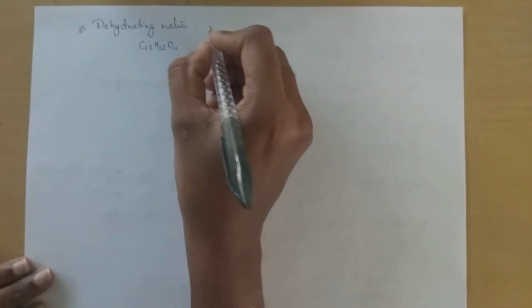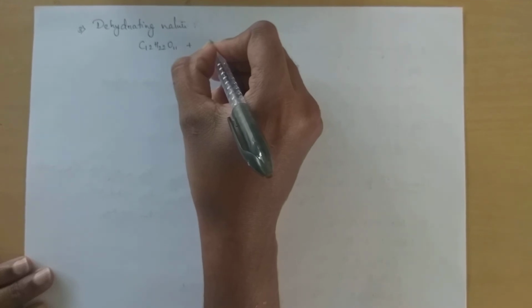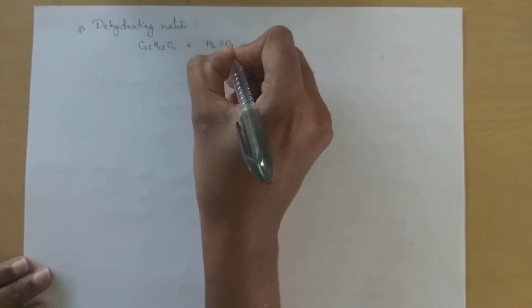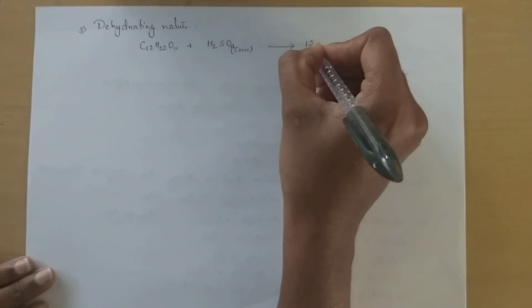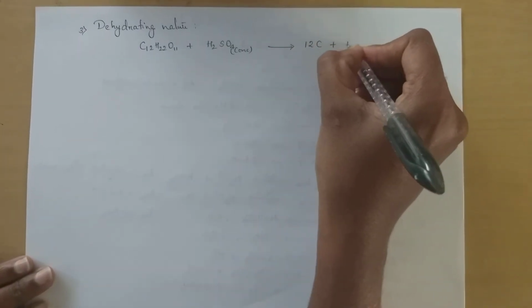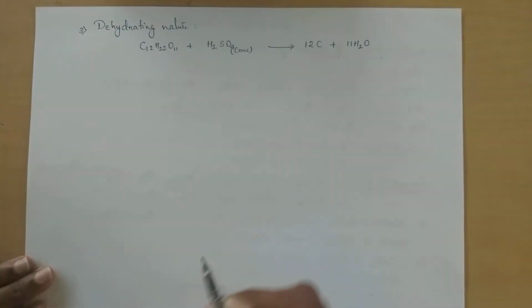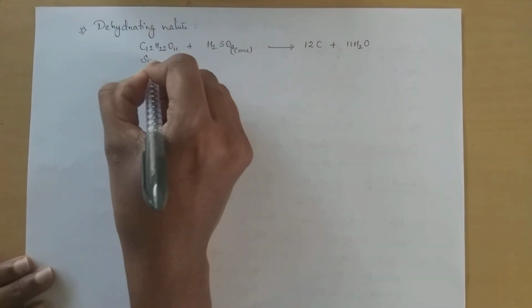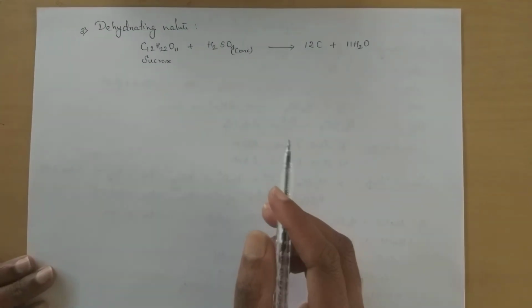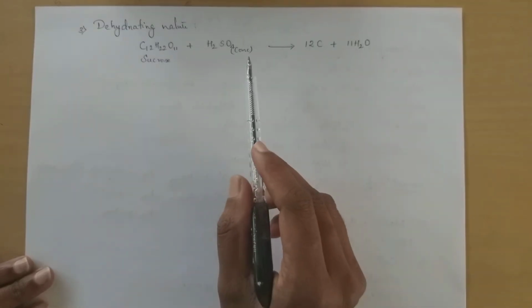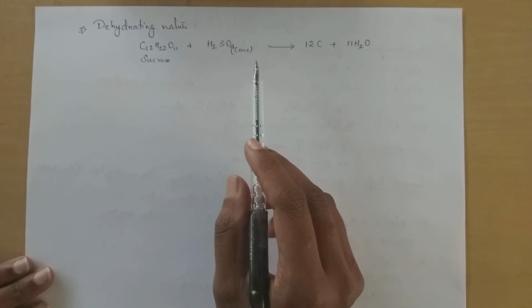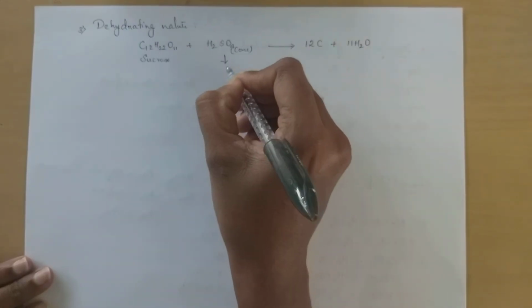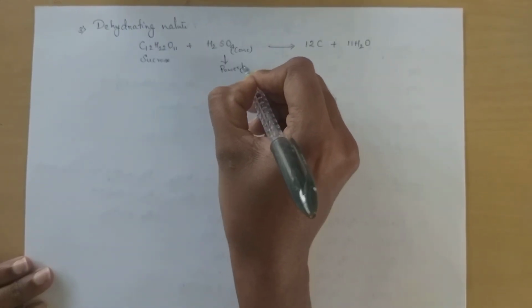It undergoes reaction with concentrated H2SO4 and forms carbon plus water. Sucrose, we call sulfuric acid a powerful dehydrating agent.